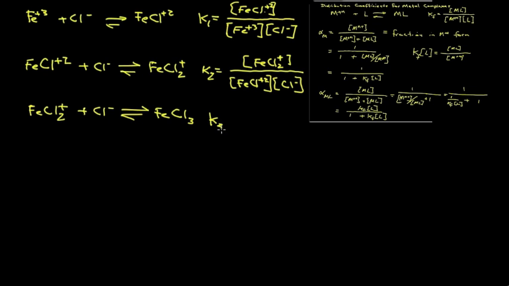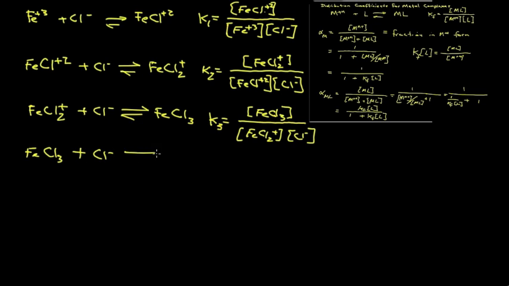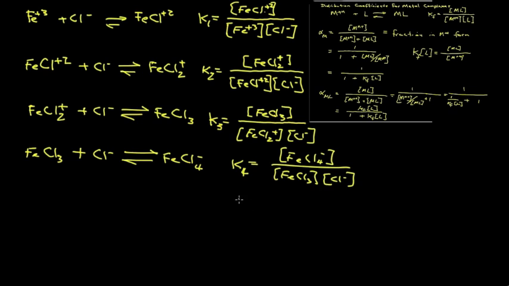And there's an equilibrium constant, K3. And there's one more step that's common at modest chloride concentrations. And there's an equilibrium constant for the formation. So these reactions are known as stepwise formation processes, and there are stepwise formation constants that go along with those.